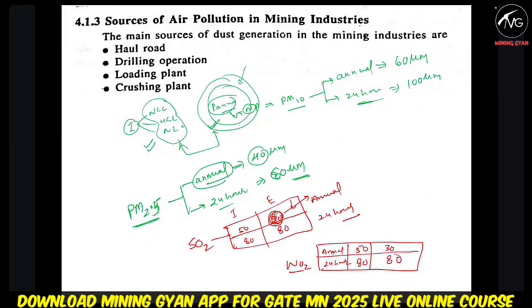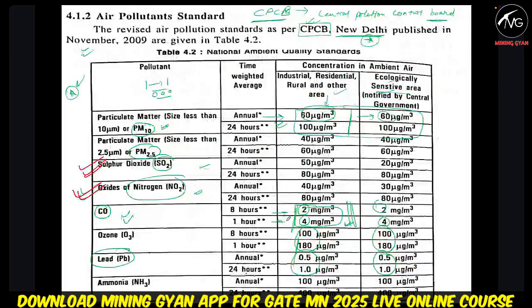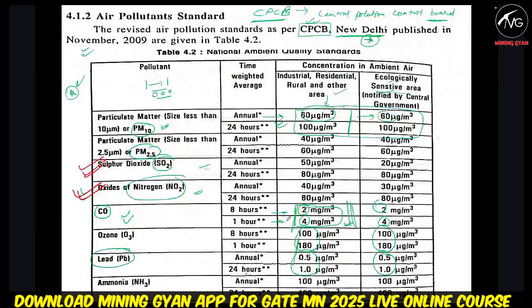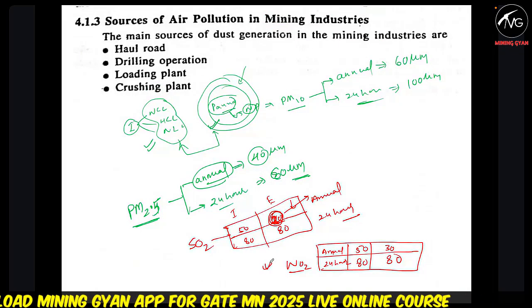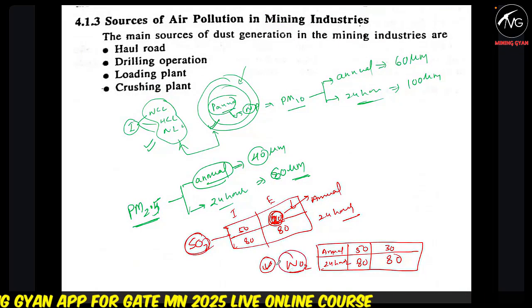It was 20, 40, 80. So 30, 80. So this type of table you have to create for SO2 and NO2 and try to revise it.